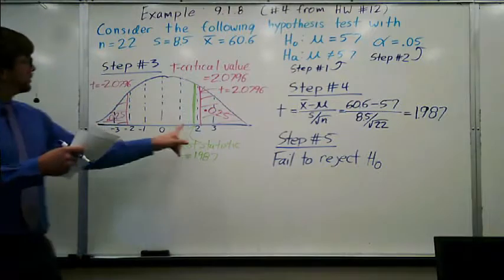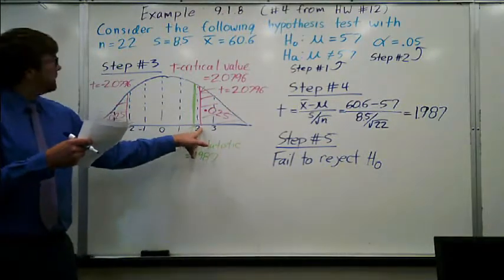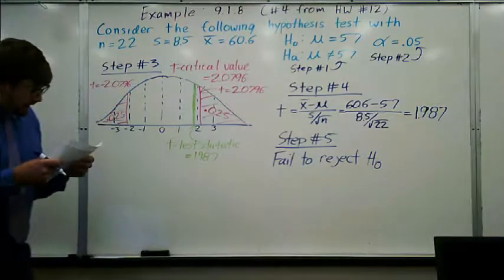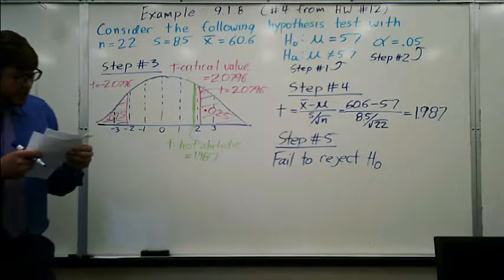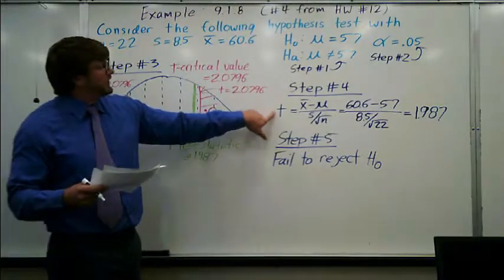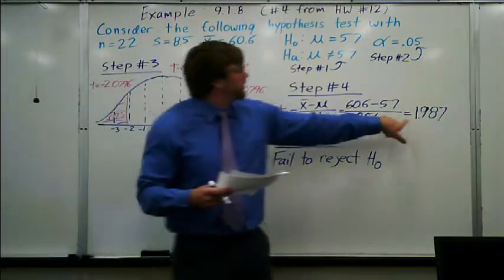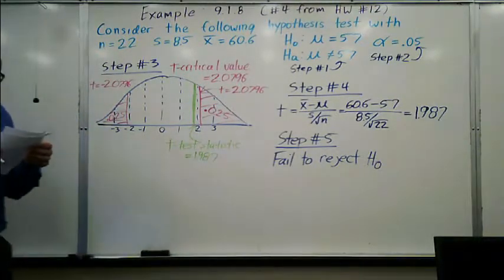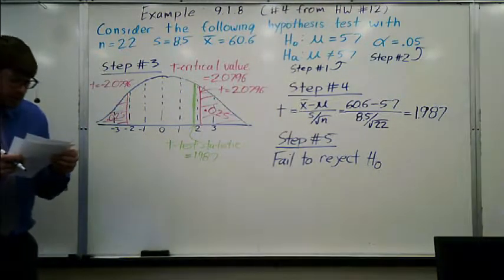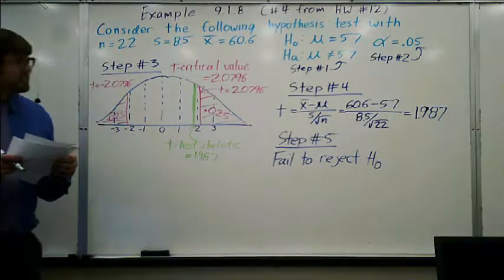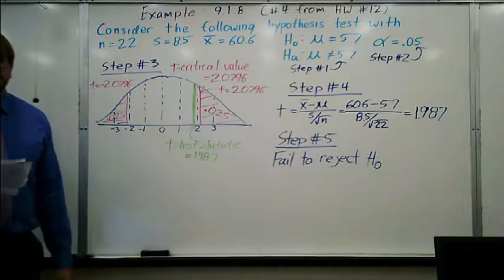Or greater than positive 2.08. Make sense? Part B, state the calculated value of the test statistic. Of course, our test statistic right there, we got 1.987. Step number 3, state the conclusion. Do not reject the null hypothesis. There is not sufficient evidence that the mean is not equal to 57.